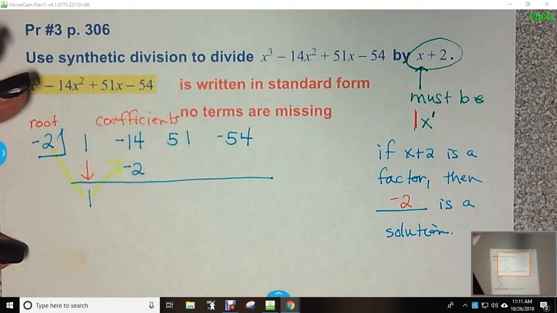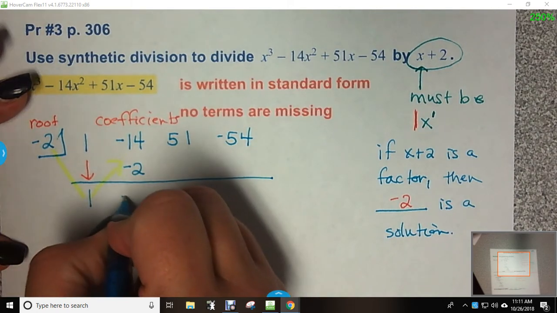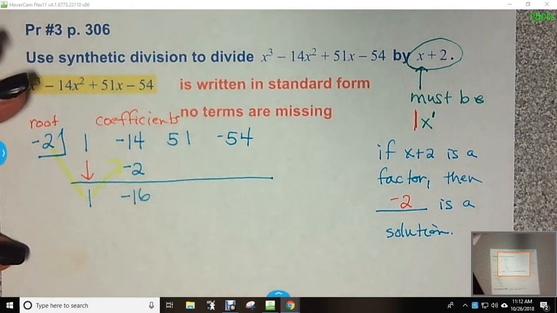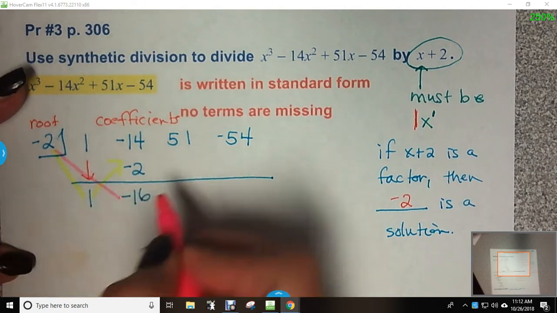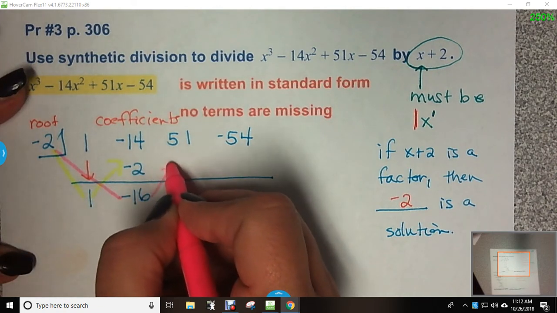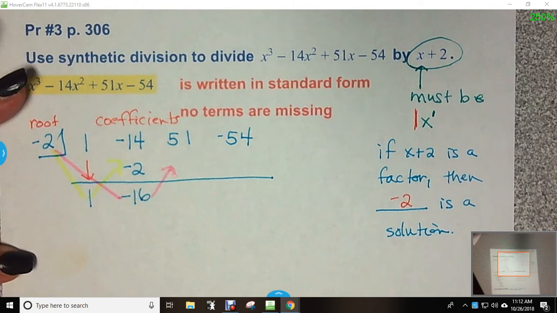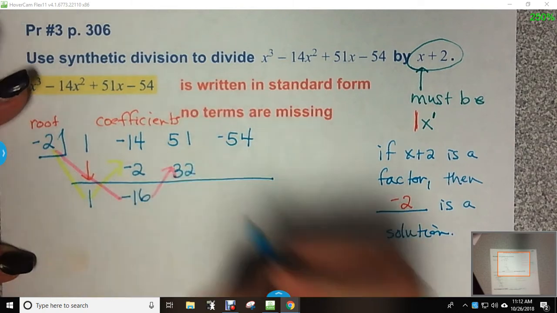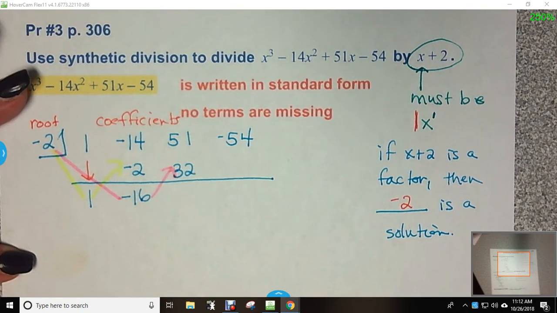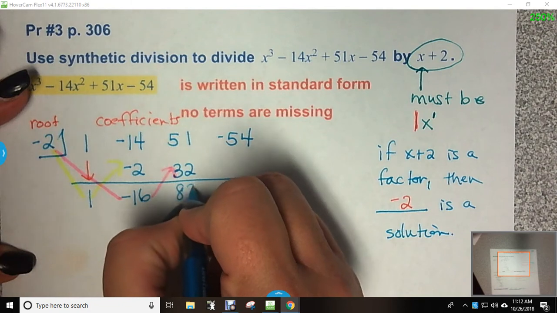So, negative 14 minus 2 is negative 16. Everybody good so far? Now you're going to take the number in the box times the new number underneath, and that answer goes in the next empty spot. So negative 2 times negative 16 is 32. Add that column together, I get 83.